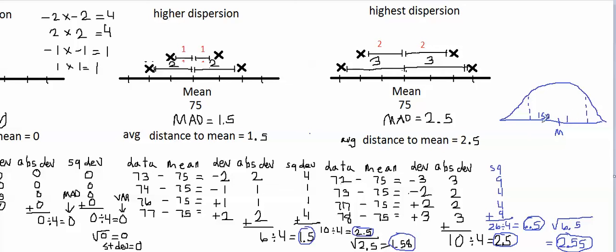So imagine this is one standard deviation below the mean, and this right here is one standard deviation above the mean. If a population has a normal distribution, then it turns out that 68% of people will fall between one standard deviation below and one standard deviation above the mean.